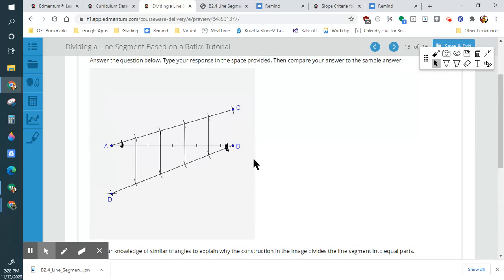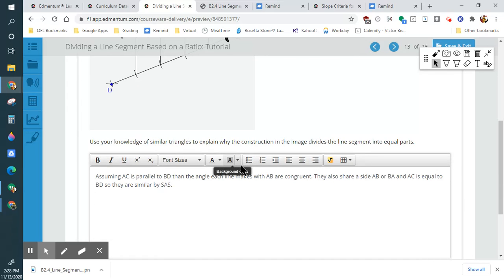So why does this work? The lines cutting the line segments are parallel as well.